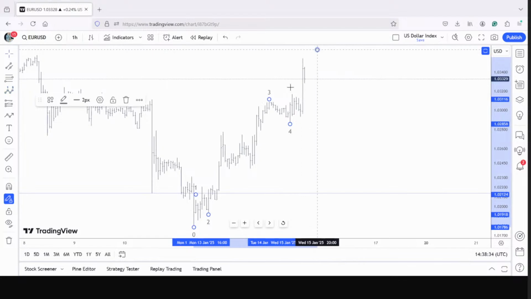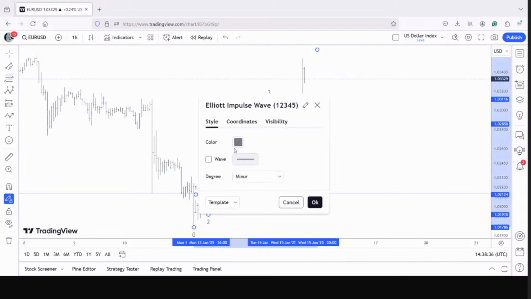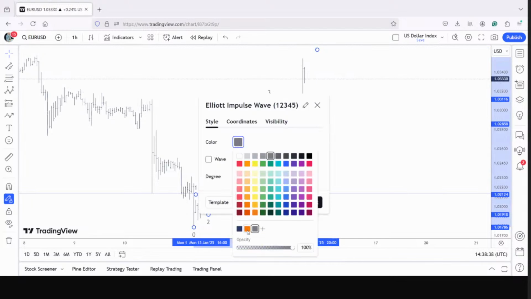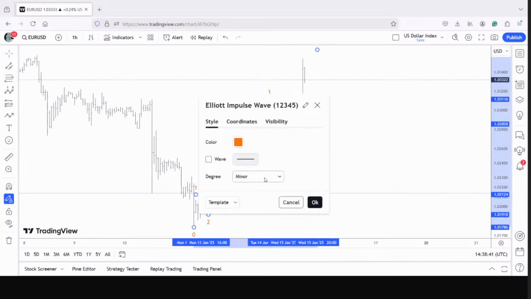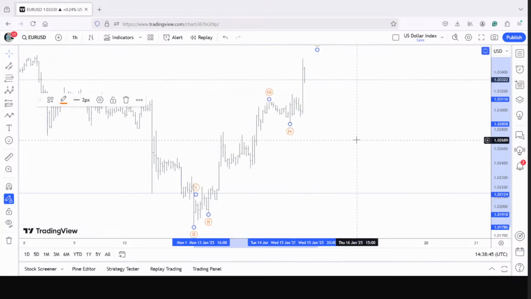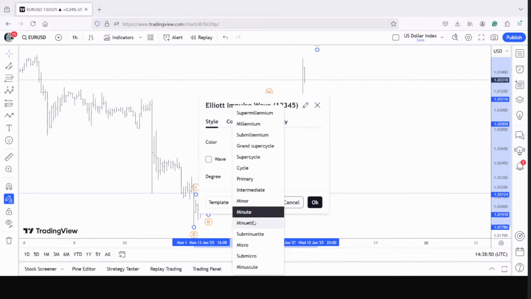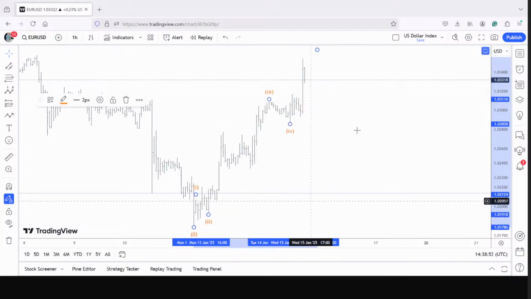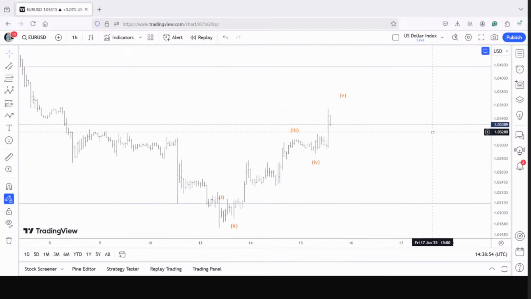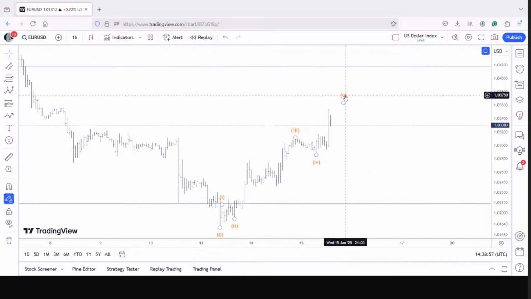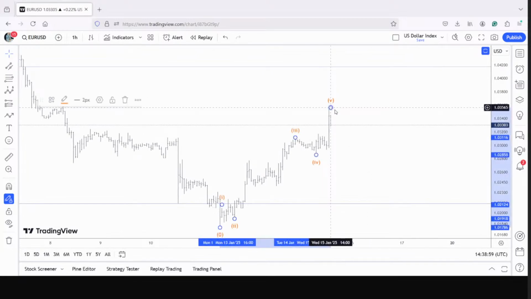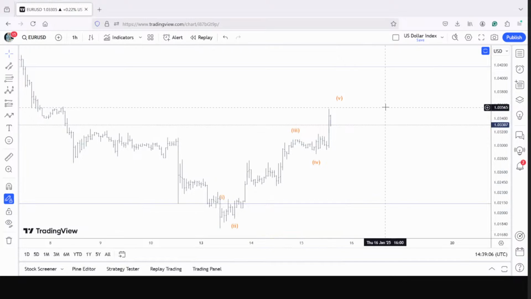Okay, and the degree here is going to be minute. Remember, five waves of the minute. I took it wrong. Now either wave 5 is complete here or it's going to push one more time somewhere around the vicinity of 350 or so.